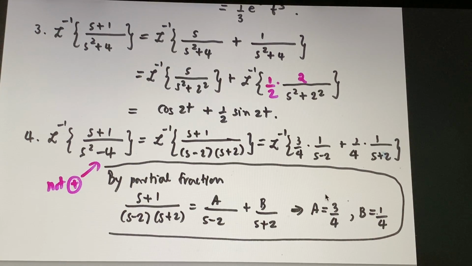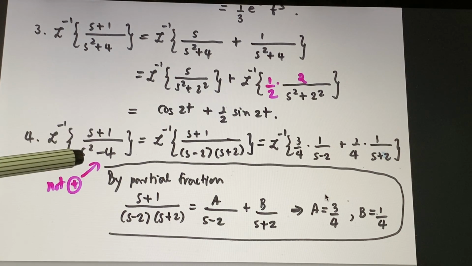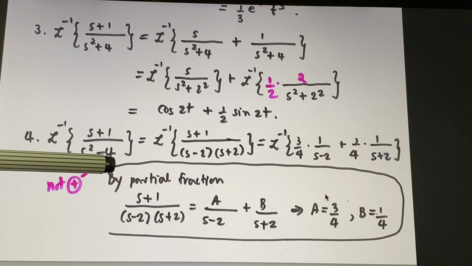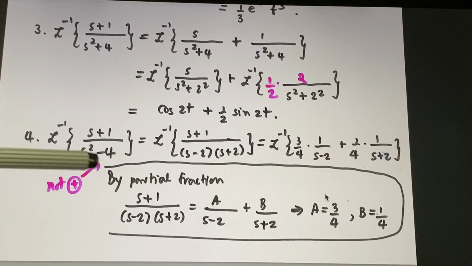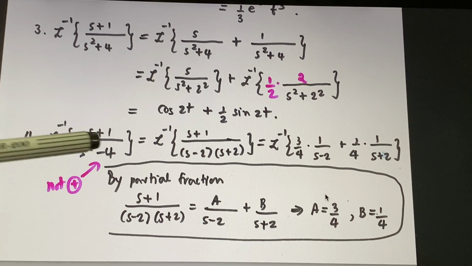Number 4. For number 4, inverse Laplace of (s plus 1) divided by (s squared minus 4). You can split this out to be s over (s squared minus 2 squared) plus 1 over this, and then use the hyperbolic sine and hyperbolic cosine, or you can use this method.